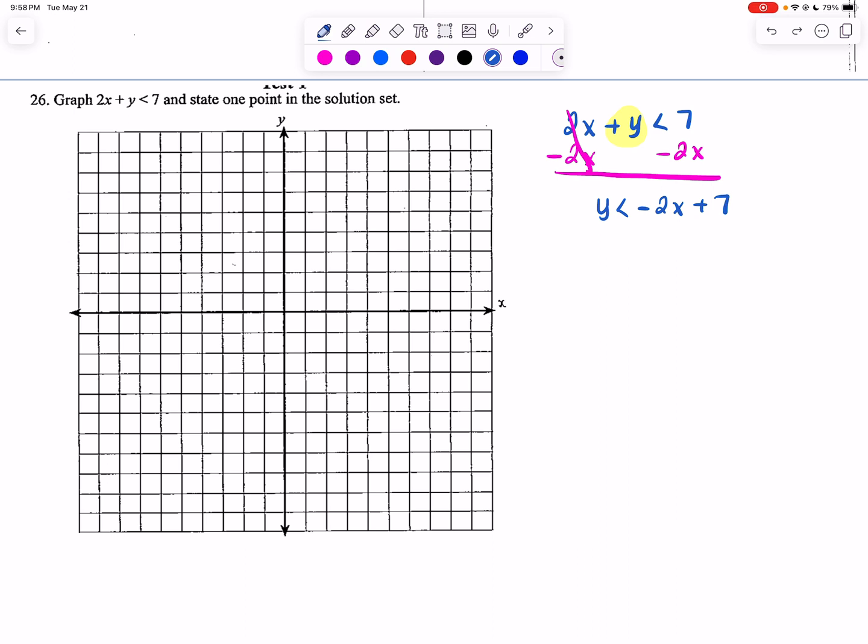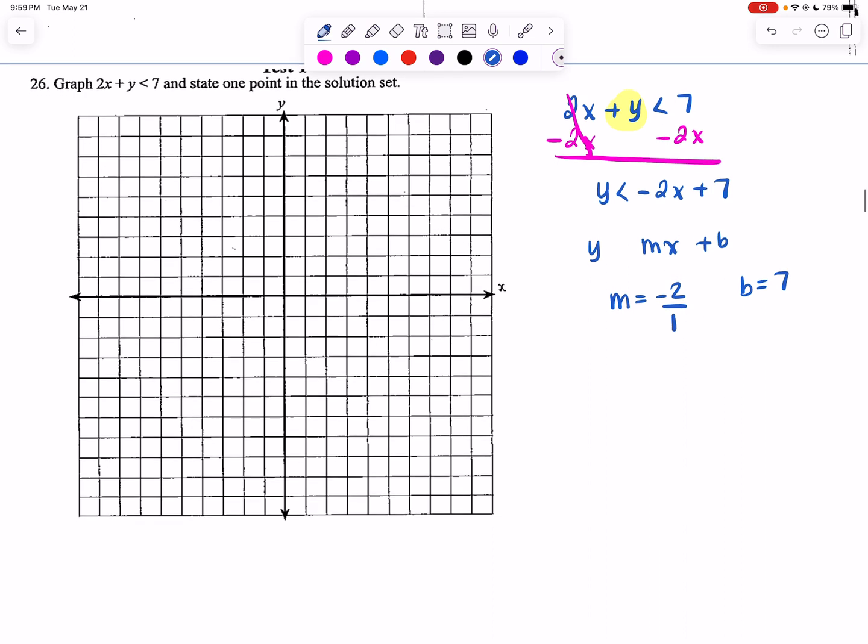Now we're going to identify the slope of this line. If you remember in y = mx + b form, the slope is the number attached to x. So in this case, my slope is negative 2 over 1, and my y-intercept is 7. Before I even start plotting, I have to ask myself if this is going to be a solid line or a dashed line.